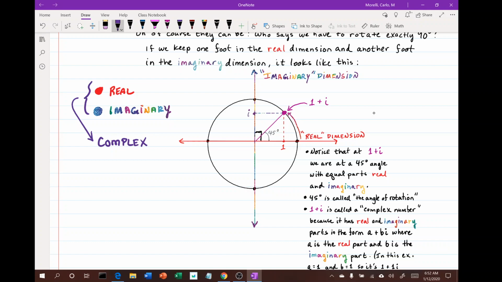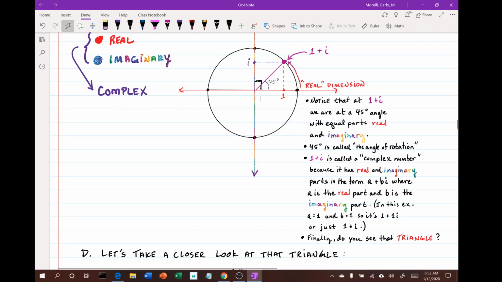Instead of rotating the full 90 degrees, which would bring me up to i, I'm just going to rotate exactly halfway, 45 degrees from the real axis into the imaginary axis. I'm kind of in the in-between, in the upside down world, so to speak.